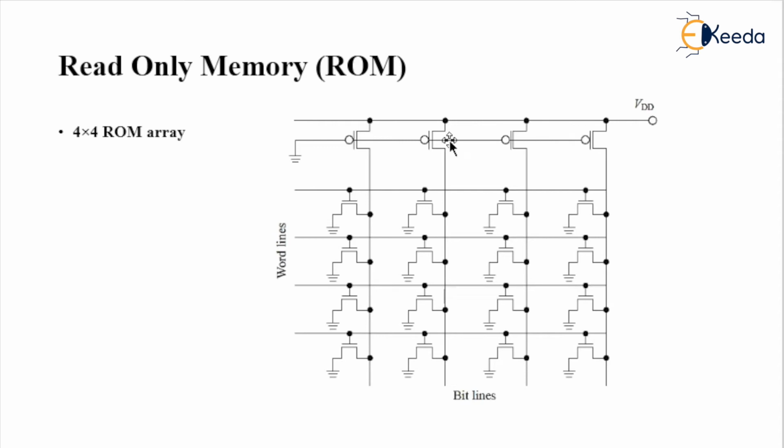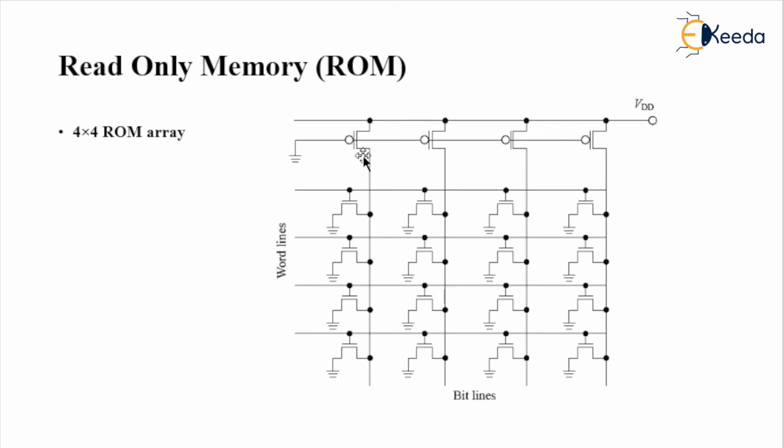See here, this PMOS is considered as pull up and the NMOS transistors are considered as pull down. So these PMOS pull up devices will act as pull up. This PMOS transistor will act as a pull up device for the bit lines.